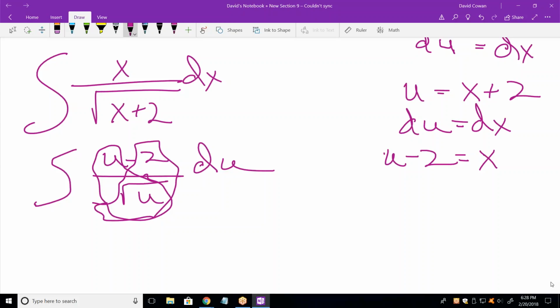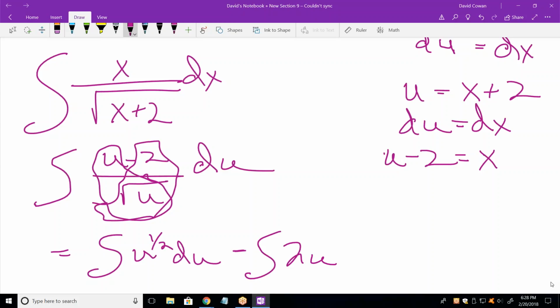Sure. Okay. So what this is equal to, the left part of this fraction is u divided by u to the 1/2. That's u to the 1/2. And the right side is 2u to the minus 1/2 du. With me? Yeah.